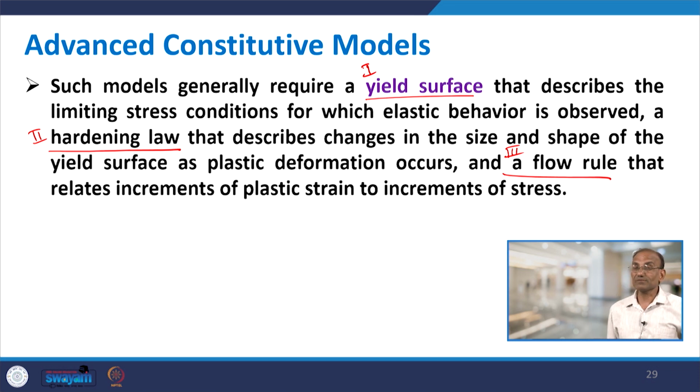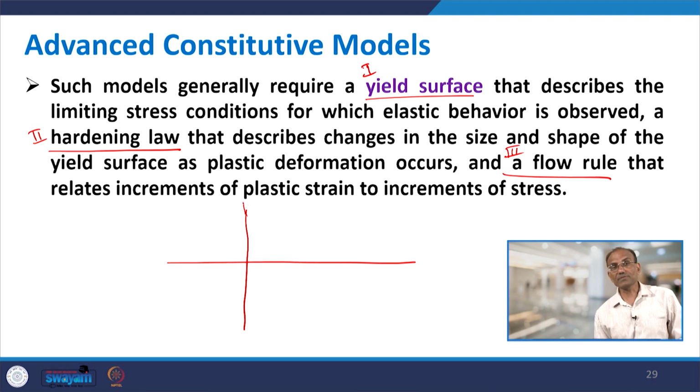So, in general, rather than representing a stress-strain relationship, in these typical models you have stress invariants on the axes. For example, for a von Mises like model, you have the deviatoric stress J2d on the y axis, while you have I1 on the x axis.